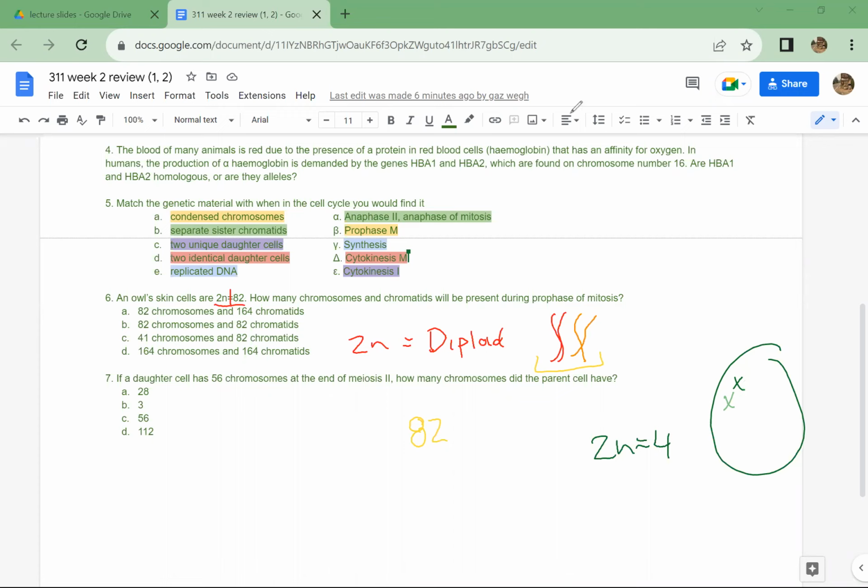The position within the cell of a chromosome is arbitrary in this drawing. So this cell is 2n equals 4. It's 2n, it's diploid because it has homologous pairing. And there are 1, 2, 3, 4 total chromosomes.